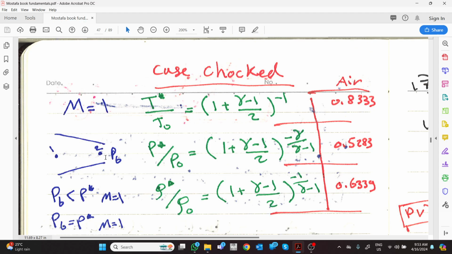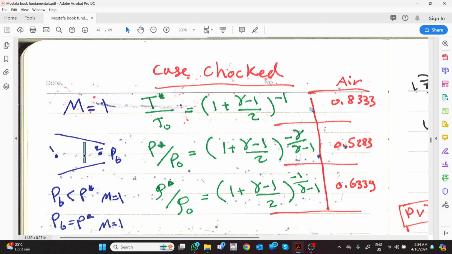Why will it never change? Because it is choked. While the flow is choked, the flow cannot know what is after it, because the pressure waves are transmitted at the speed of sound. So if you decrease the area, for example, I will assume we reach Mach number equal 1 here and we start decreasing the area.